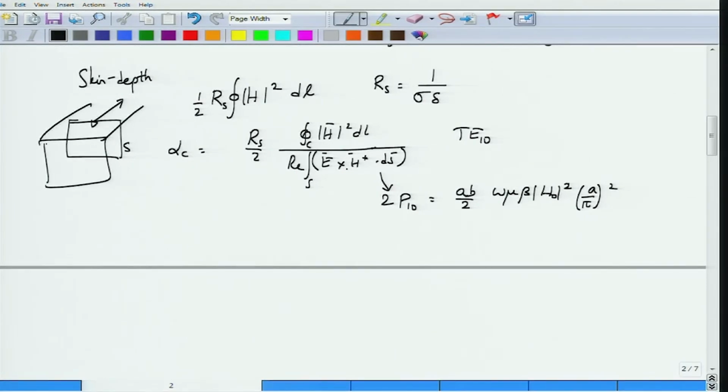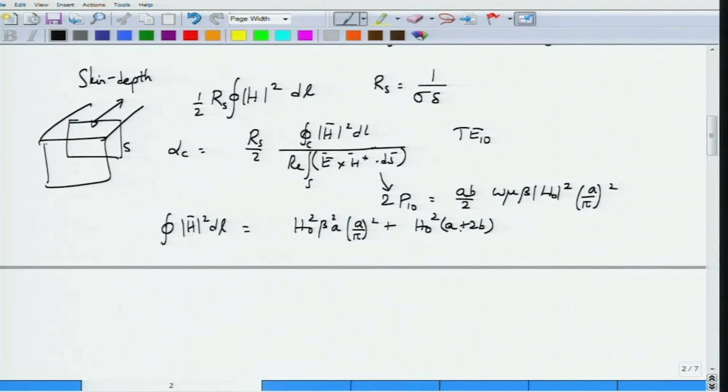So, the power is given by this expression, and for obtaining the power loss, we need to go back to the integral of magnitude of H squared dl. If you calculate this for the contour that is shown here, it would be equal to H0 squared beta squared (A by pi) whole squared, times A, plus H0 squared times (A plus 2B).